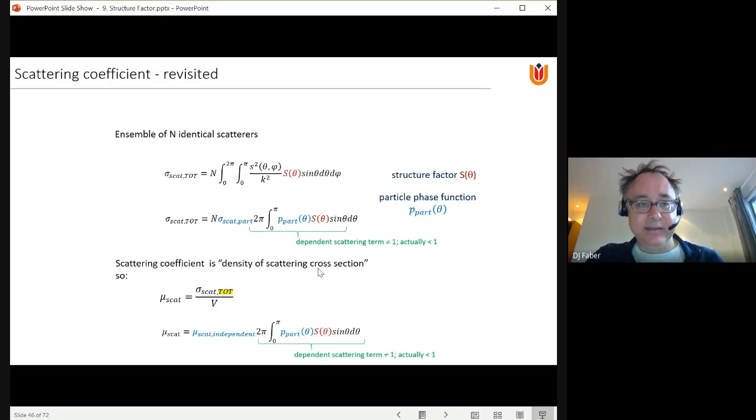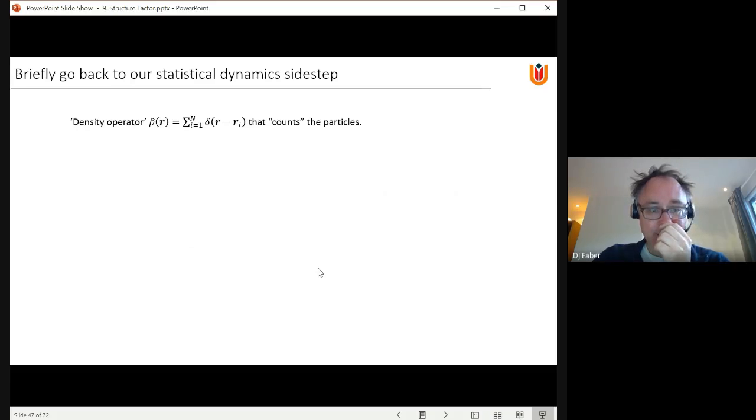Okay. Then one brief sidestep again back to statistical dynamics. Because we've been talking about organization and how, because the particles are not allowed to overlap, there is some phase relation. On one hand, we started with this pair correlation function that described what happened on the particle level, let's say.